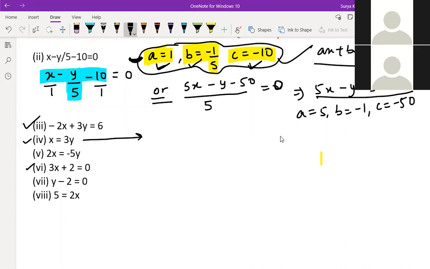All right. Now see the fourth one, what we need to do, children? We can write here x minus 3y equals 0. Plus 0. So we can write it as 1x minus 3y plus 0 equals 0. If the constant is not there, anyway you can write 0 over there.